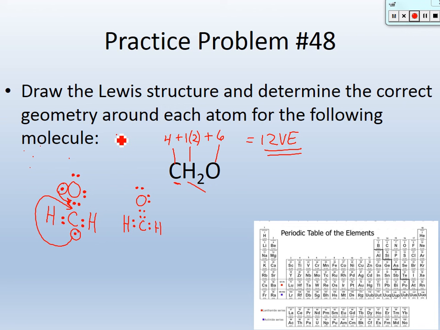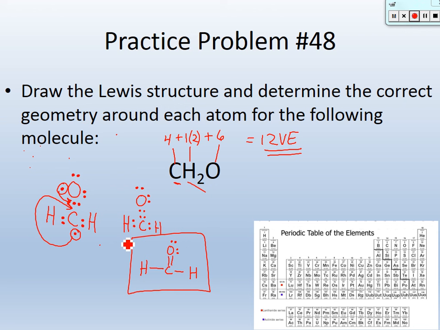Now, am I done? No, because I need to put a line in for my covalent bonds. So when I redraw this for my covalent bonds, it's going to look like this. Okay, and this is the correct Lewis structure for this molecule.